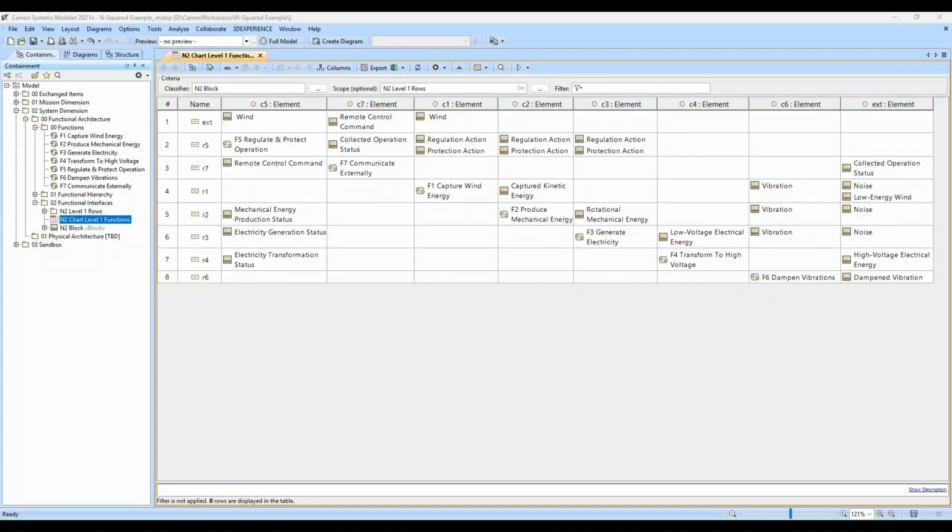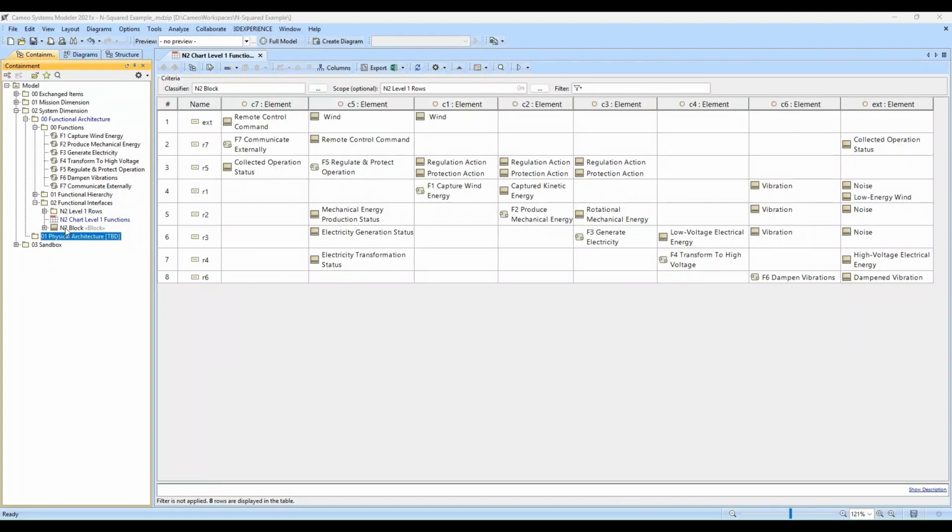Now that we have identified our functional flows, it is time to represent them. And for doing that, we're going to go directly to the Cameo tool. We already have our model open. The n-square chart is displayed here, showing the different functions of our system and their interactions.